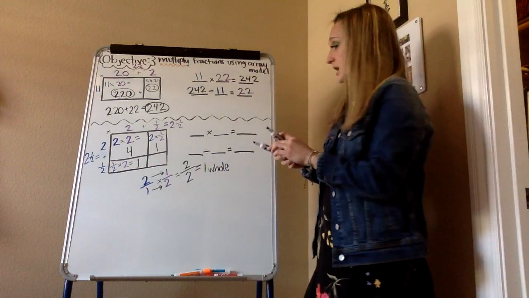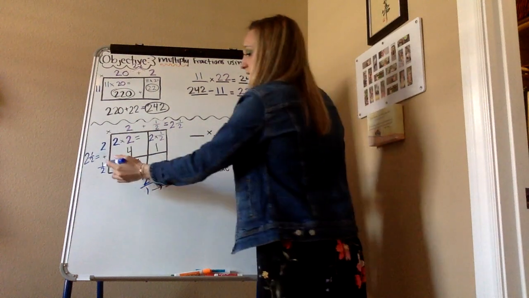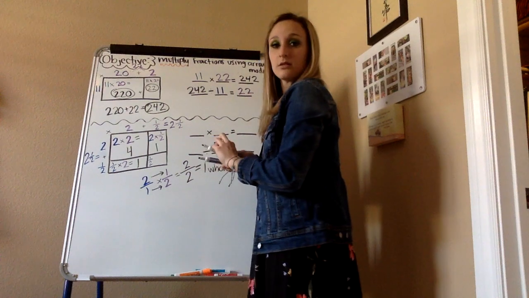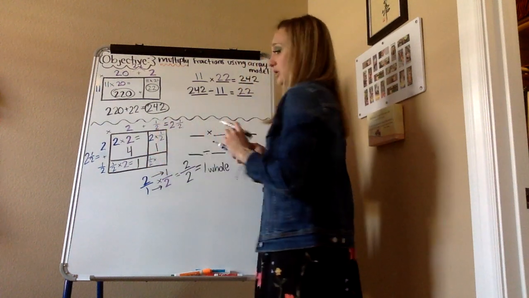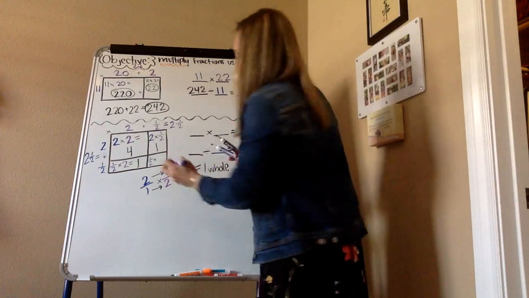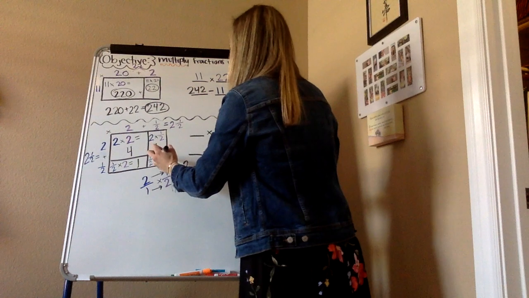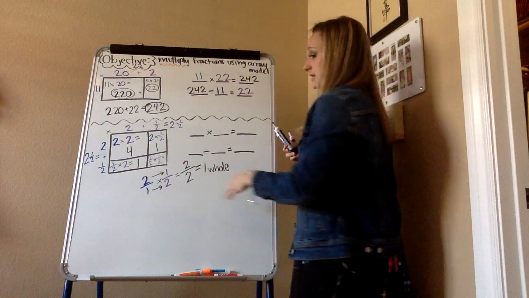Okay? And my last box, you see that it's empty now. I've got my 1/2 and at the top, my purple is 1/2 as well. 1/2 times 1/2. Okay. Now we're lucky with this one that there isn't a whole number.